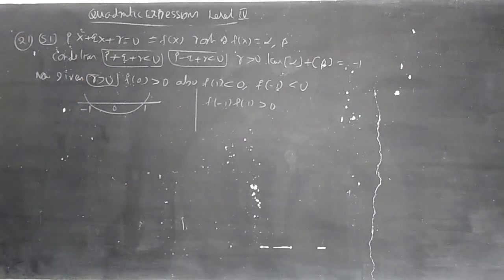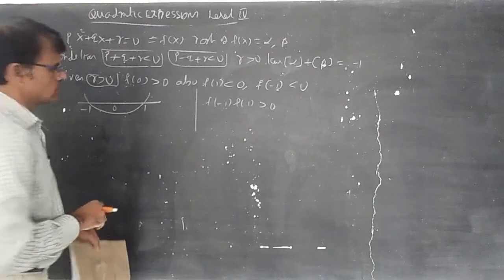Just we can see the new material, old material. P plus q plus r less than 0 and p minus q plus r less than 0, both less than 0 are given.